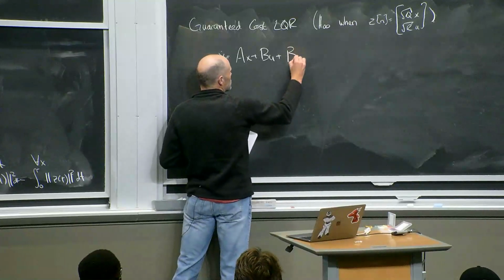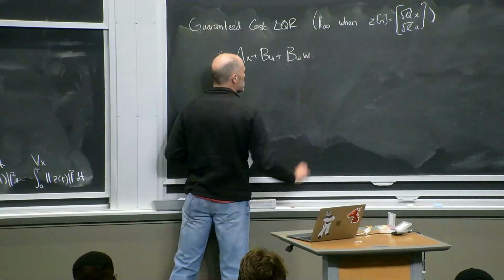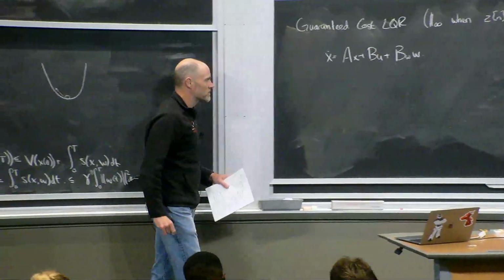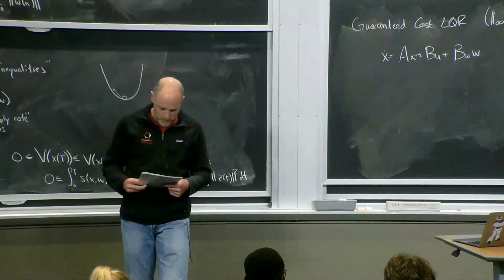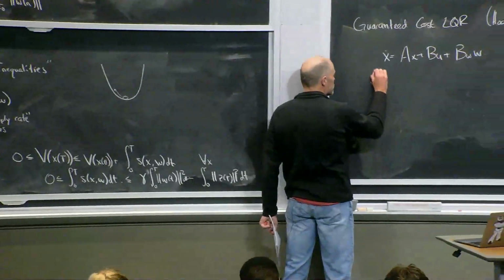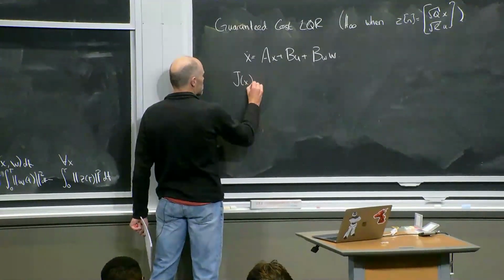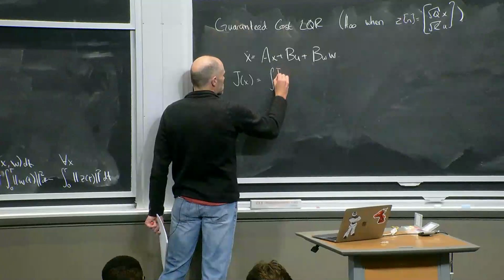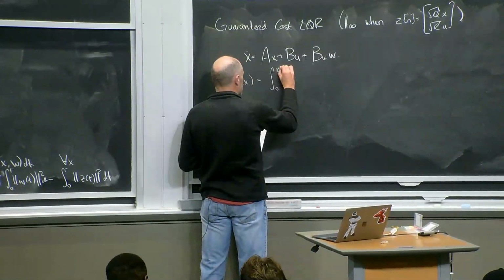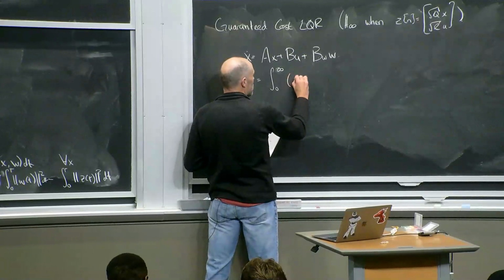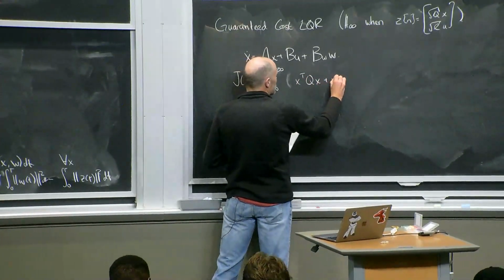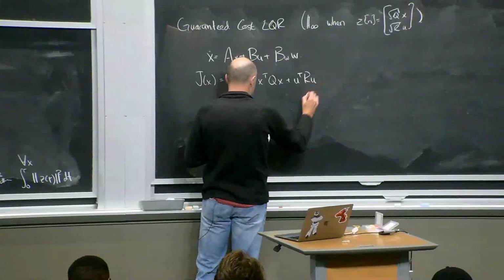Just to keep the terms clear, I'll put a second B matrix, subscript W, in front of the W. If I have a performance objective that looks like this, X transpose QX plus U transpose RU, and here's the trick.